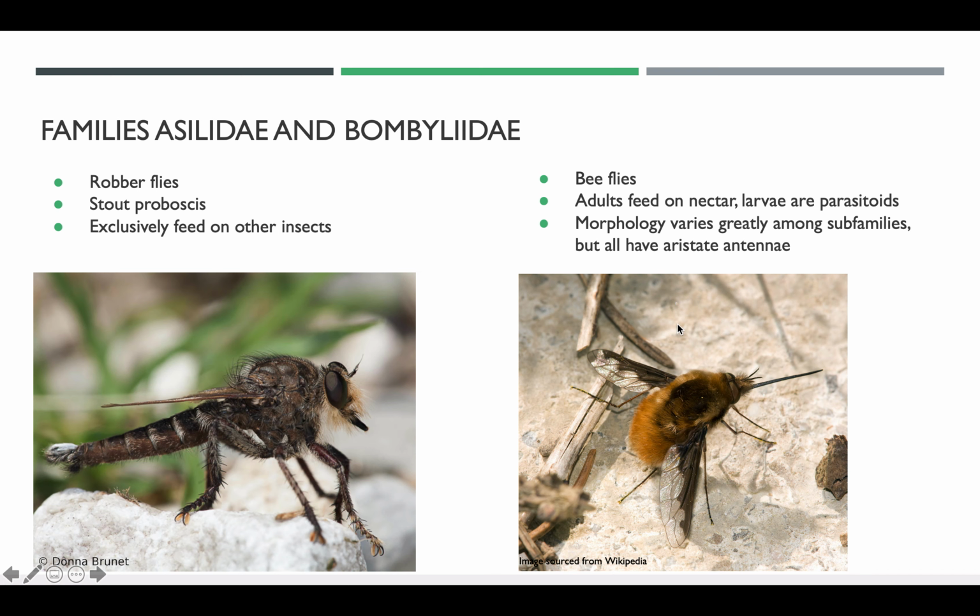So these bee flies will go around laying their eggs in other insects, and those eggs then hatch and eat those insects alive. It's a really gruesome cycle, but that's what you hear when you hear the term parasitoid. That's what it's referring to. And they also have a lot of variation in their morphology among their subfamilies.